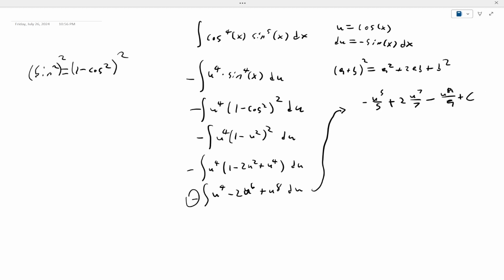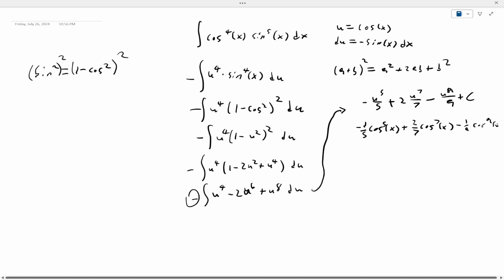And then there we go, that was our answer. But we have to plug in our u, and so we get negative 1/5 cosine to the fifth of x plus 2 over 7 cosine to the 7th of x, and then minus 1 over 9 cosine to the 9th of x plus c. Of course, always remember your plus c.